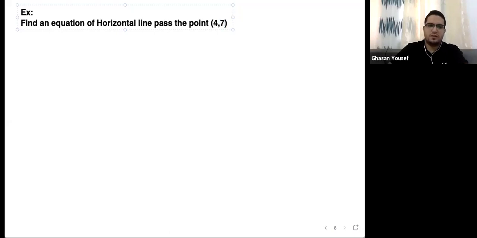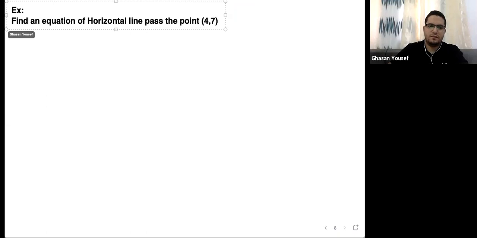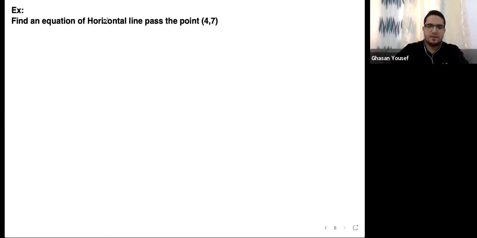So what's the equation of this line? y equals 7. This is correct, the same idea. If the line is horizontal, the equation of this line is y equals the y-coordinate of the point, y equals 7. Any questions for this example?